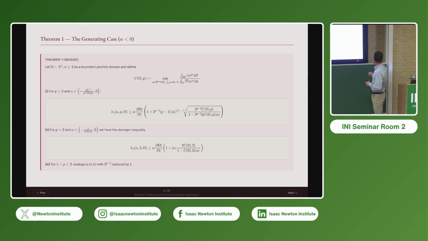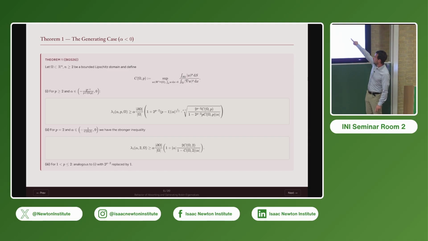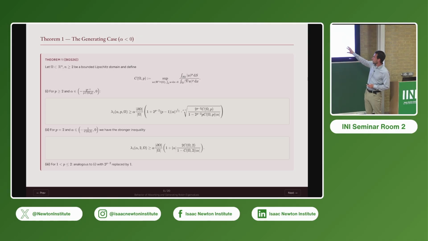This constant is defined as the supremum of all functions w in the function space W^{1,p}, restricted to those functions where the mean vanishes, so the integral of w over omega has to be 0, and we take the supremum of this fraction: the absolute value of w to the power of p integrated over the boundary, divided by the absolute value of the gradient of w integrated over omega. Because of the vanishing mean property, this supremum is always finite, otherwise it would obviously be infinity. But if we define it like this, we get a finite number which depends on p and on omega.